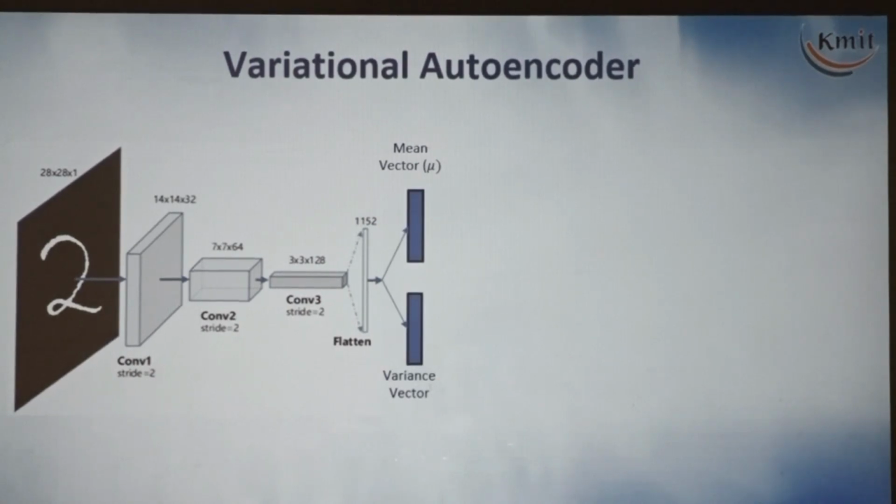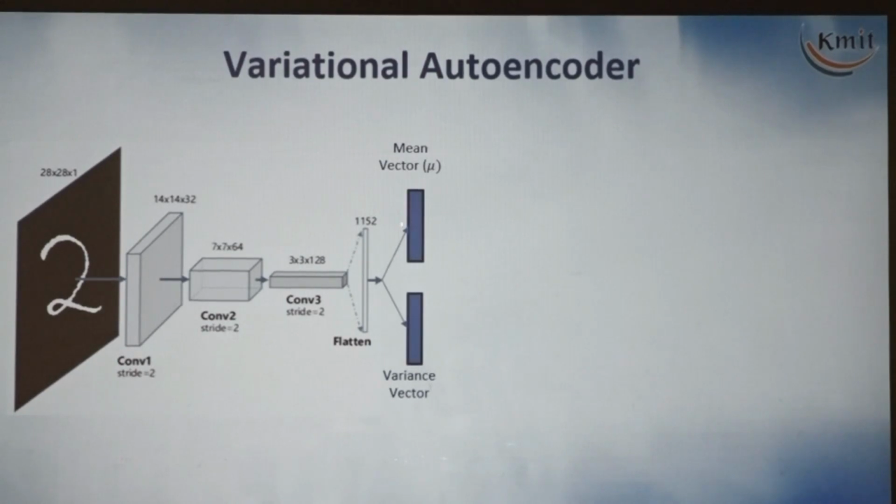Mean vector means the representation vector concept: if you give 100 random positions, with those positions you have to generate the image. That is the autoencoder.